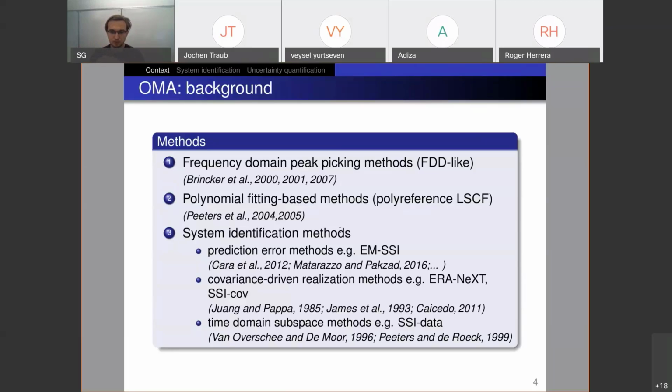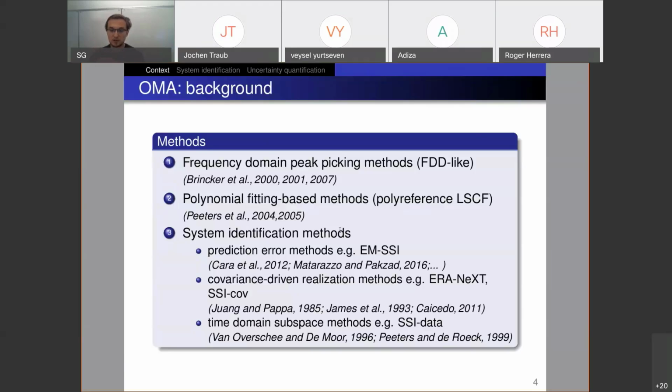And there we can distinguish three main categories. The first one are the prediction error methods, which try to minimize the error between the measurements, which are our structural responses, and some system responses emulated by the model that we identify from data. The second group of methods are the covariance-driven realization methods, which identify the realization of our system from the covariance sequences of our output data.